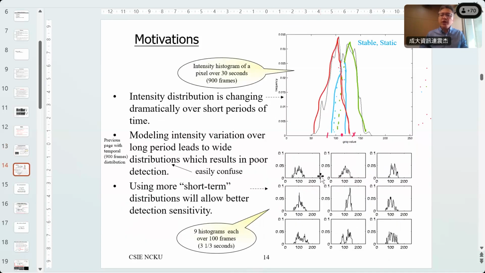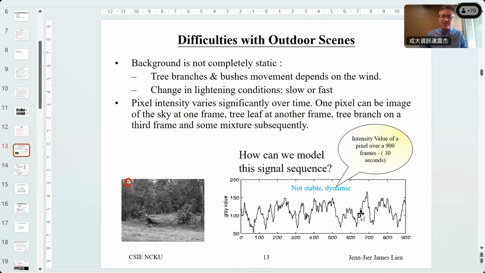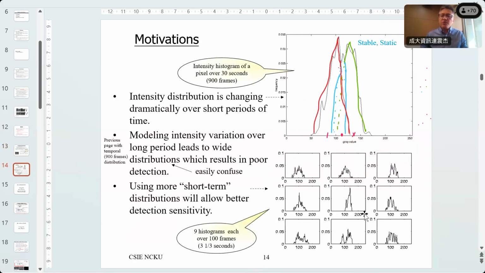Because it changes a lot, if we transfer to the other space, the x-axis becomes the gray value and the y-axis becomes the frequency. Frequency actually is the accumulation, 就累加.